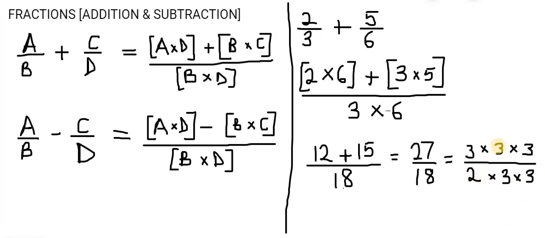So there's a 3 at the top and a 3 at the bottom. Cancel that out for 1 and 1. There's another 3 at the top and at the bottom. Cancel that out for 1 and 1. So we end up with 27 over 18 simplified. That's just 3 over 2. Okay?